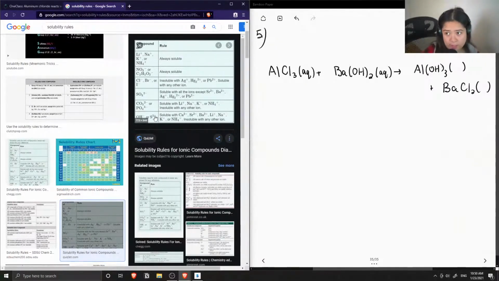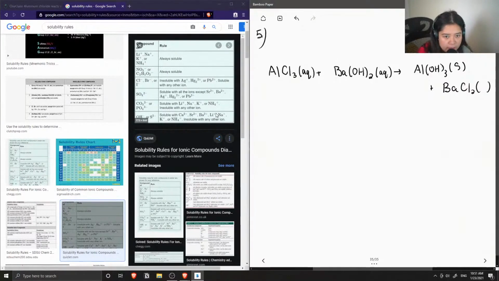So if we go down here, we can see that the hydroxide ion is soluble with calcium, strontium, barium, lithium, sodium, potassium, or ammonium, and it's insoluble with any other ion. So in our case, it's with aluminum. So since aluminum's not part of that list, we know that this compound is insoluble, so it will precipitate in the solution.